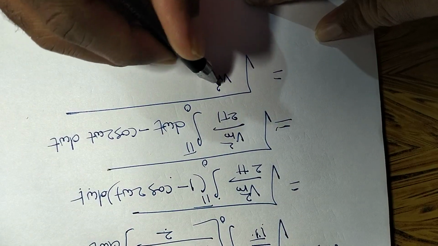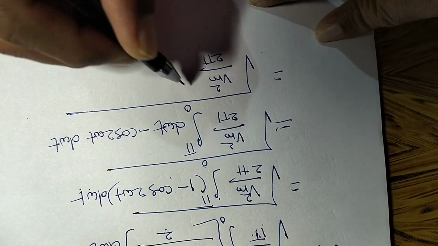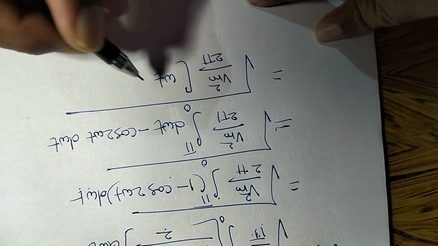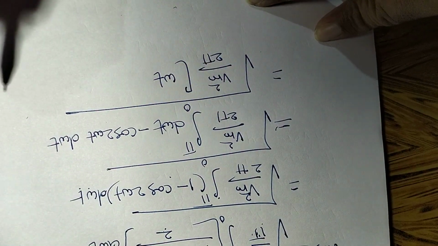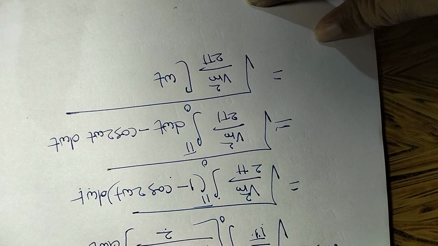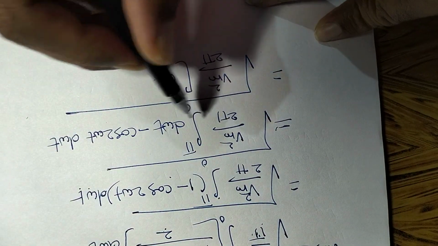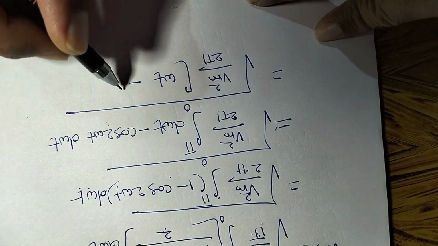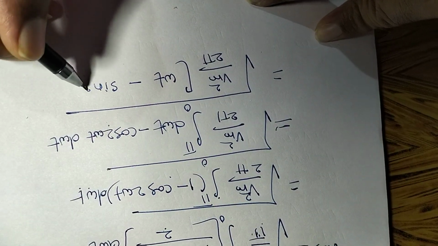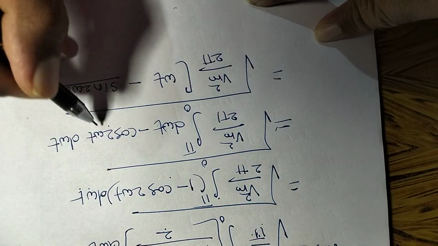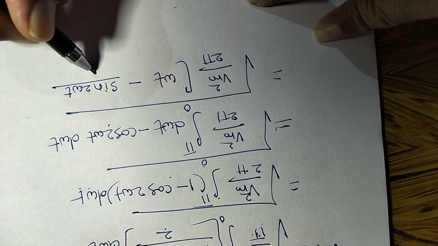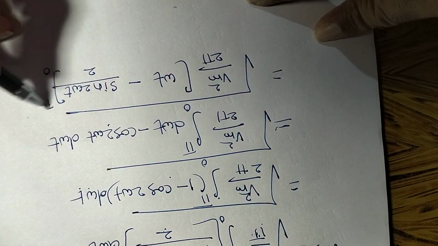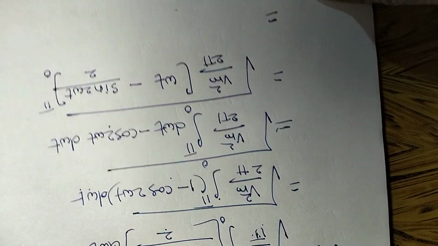So Vm square divided by 2 pi, integral of d omega t is omega t. If you know the concept of integration and differentiation, accordingly I am applying it here. So integration of d omega t minus integration of cos 2 omega t, that is sin 2 omega t divided by 2, the constant, from 0 to pi.